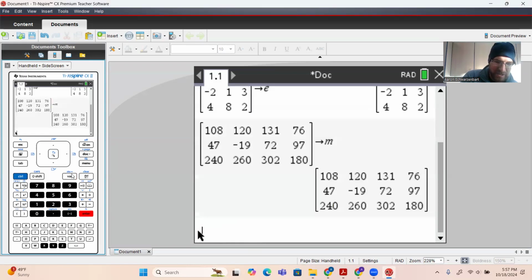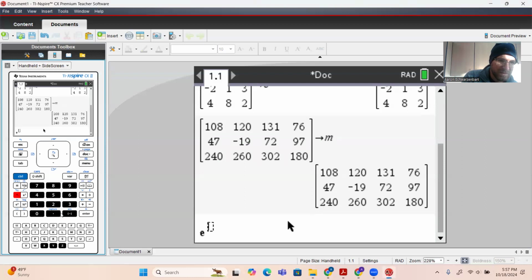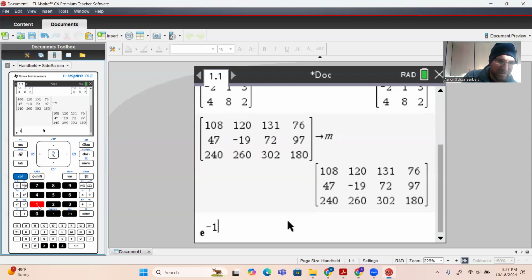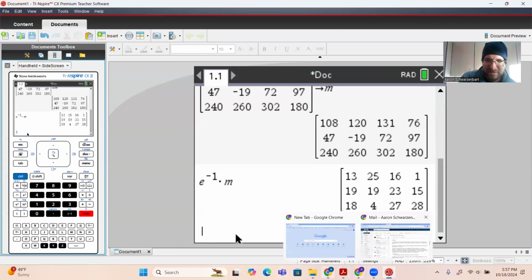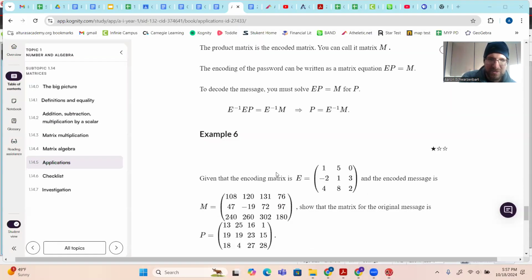So if I want to decrypt, I can do E, put that up there then, to the power of -1 will be an inverse still. E inverse M, and that is my original matrix. Okay? That one they kind of walked you through.